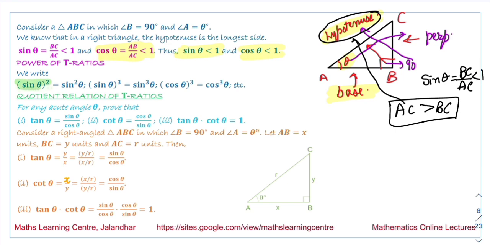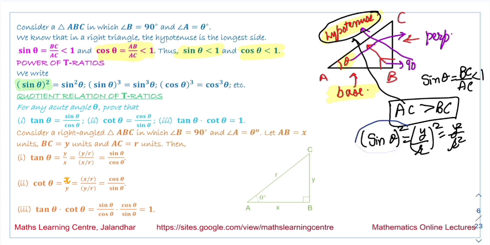If we are writing sine theta square, I am talking about the formula: sine theta is equal to y over r, if the triangle we are considering has sides x, y and r as we have discussed earlier. When we square both sides, this is equal to y square over r square.